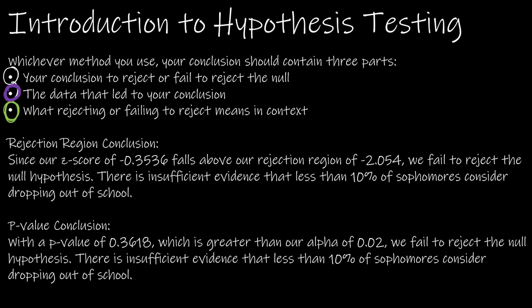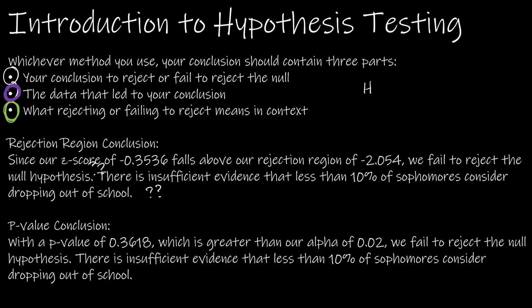So rejection region conclusion: since our z-score of negative 0.3536 falls above our rejection region of negative 2.054, we fail to reject the null. Okay, there is insufficient evidence that less than 10% of sophomores consider dropping out of school. So where did this come from?